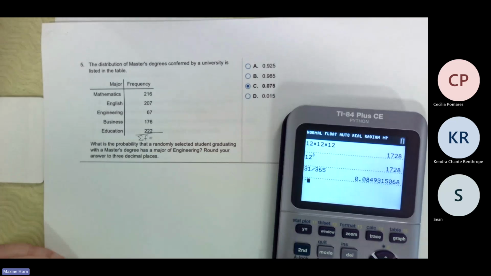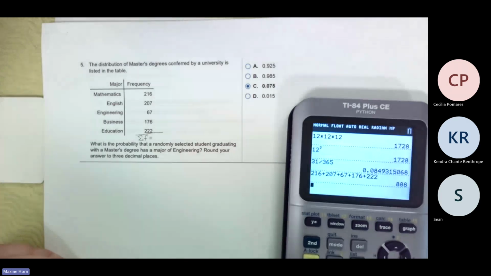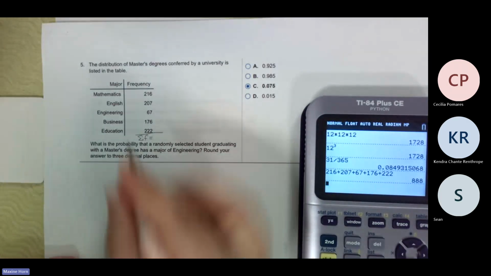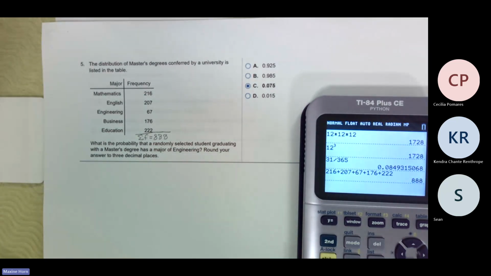So we're going to go 216 plus 207, whoops, 216 plus 207 plus 67 plus 176 plus 222, and we get 888. So there were 888 total master's degrees conferred by this university. So that is our sample set.